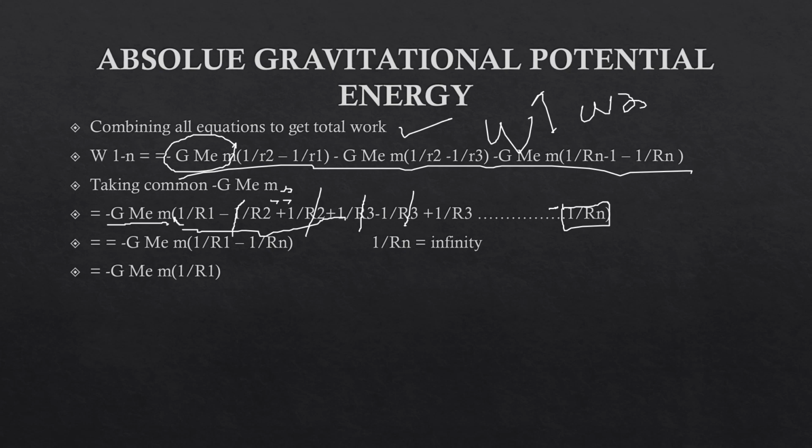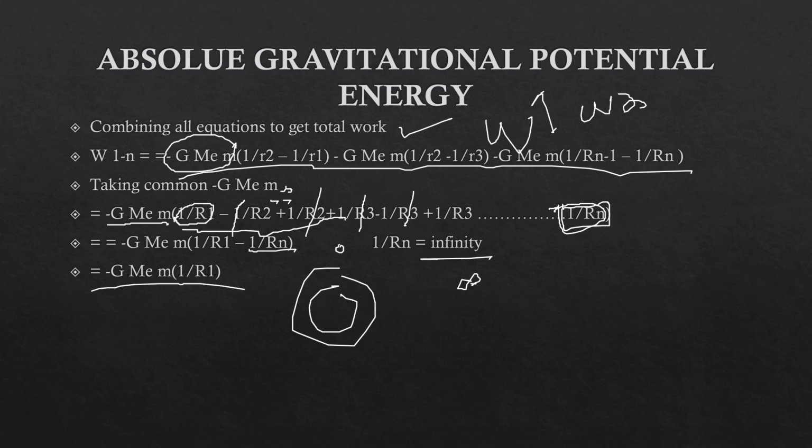We only get 1 upon R1 and 1 upon Rn, infinity. We know that a body that is out of the gravitational field is taken as infinity, so we remove that term. This equation can be used to calculate the absolute gravitational potential energy. And this is all about today's lecture.